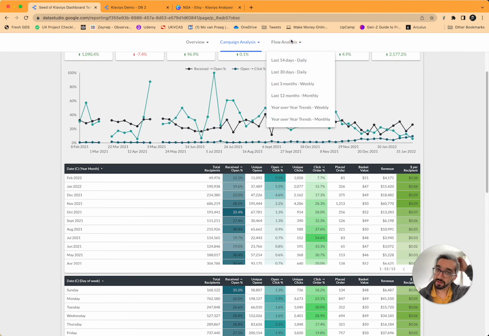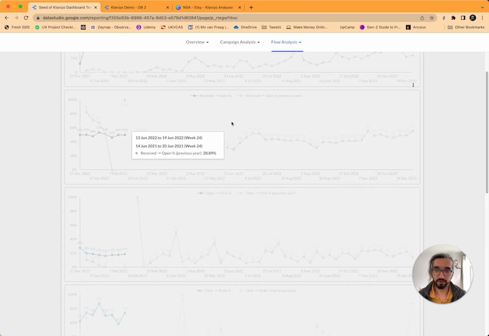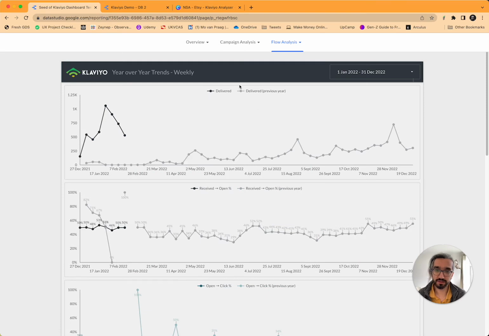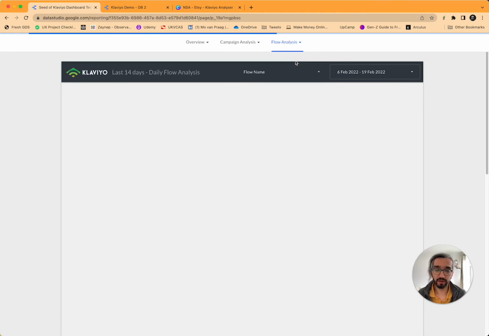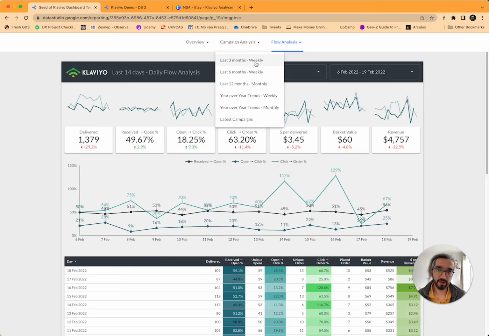The same thing applies for the flows. When I look at the flow performance year over year analysis, you can see this page, and we have the last 14 days of performance for the flows. We don't have the last 14 days for the campaigns because campaigns are mostly sent occasionally. So it won't be possible to look at the last 14 days if you are sending lots of campaigns in one.